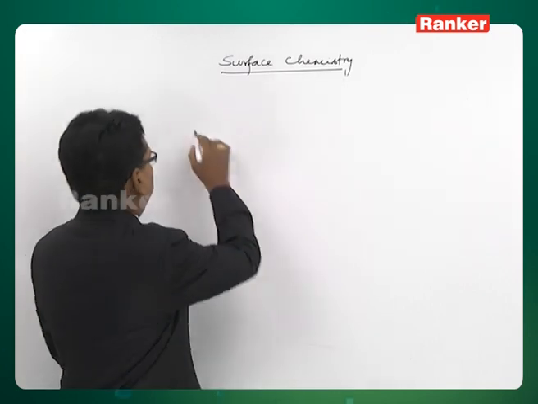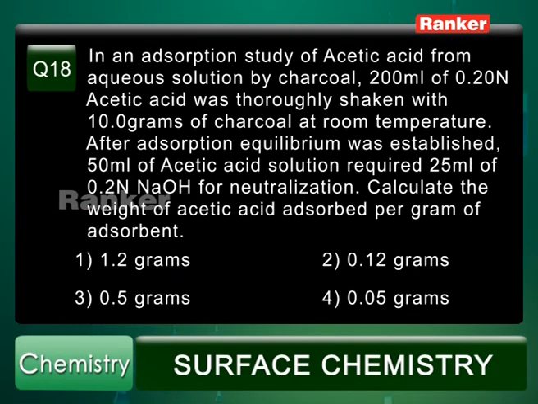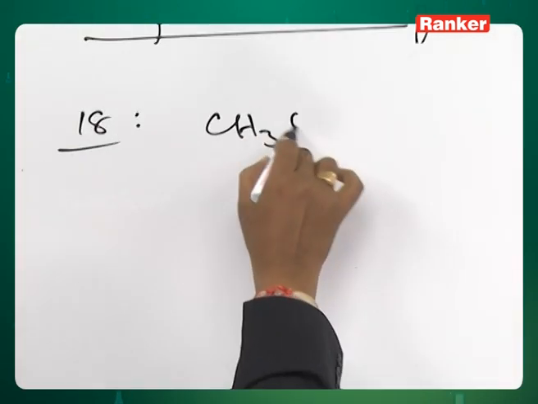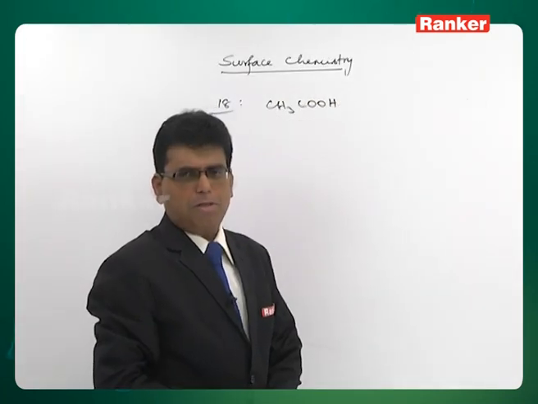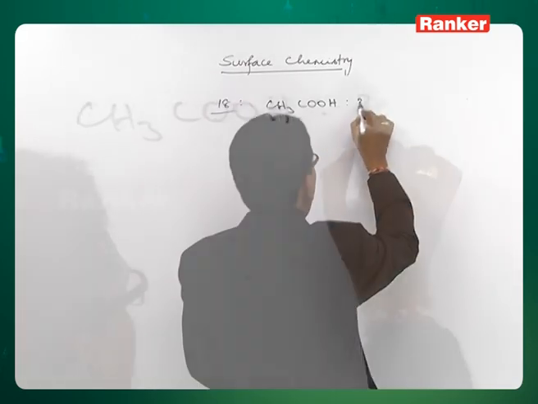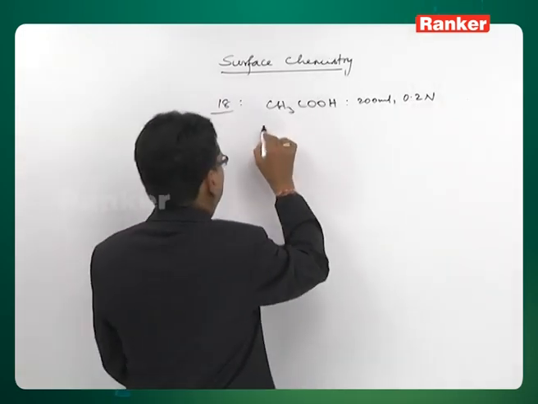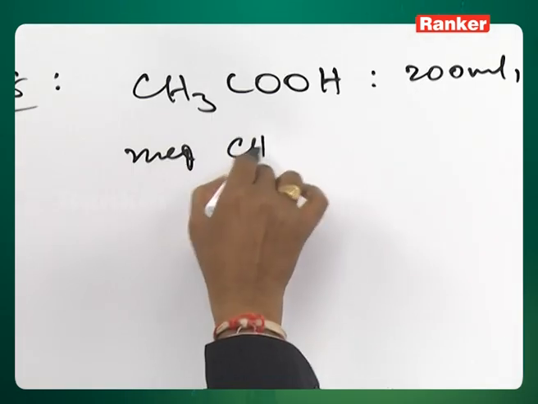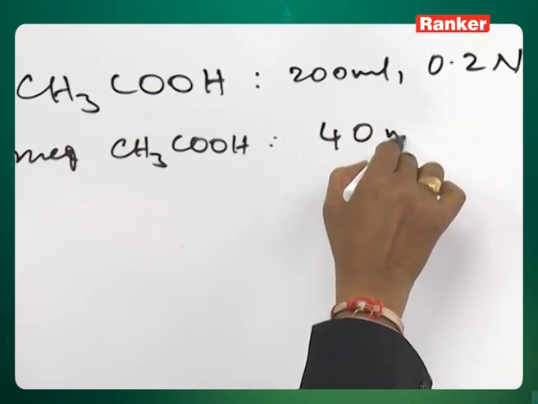Now, let us move on to question number 18, which says that in an adsorption study of acetic acid, CH3COOH, from aqueous solution by charcoal, 200 ml of 0.2 normal acetic acid is used. 200 ml of 0.2 normal acetic acid means milliequivalents of acetic acid is equal to 40.